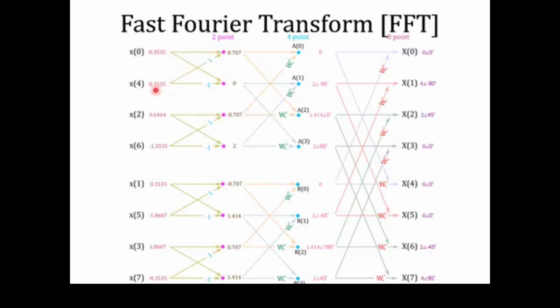But before addition, we have to multiply the second sample value, or the second single point DFT output, with a twiddle factor. And in the 2-point DFT stage, twiddle factors are W20, which is this one, and W21, which is this one. So here, instead of writing W20 and W21, I have mentioned their values, which are simply 1 and minus 1.